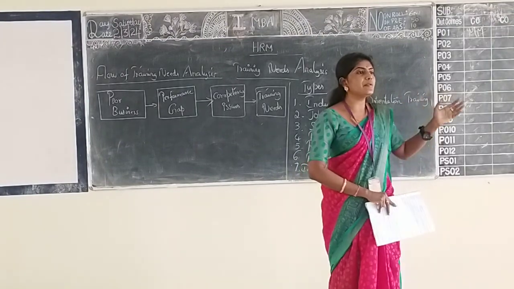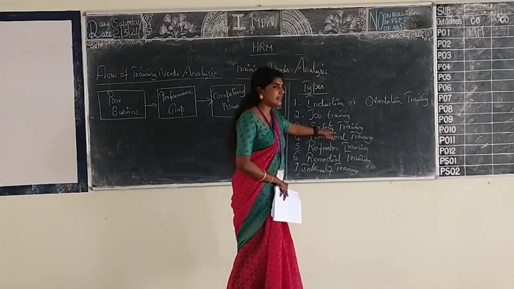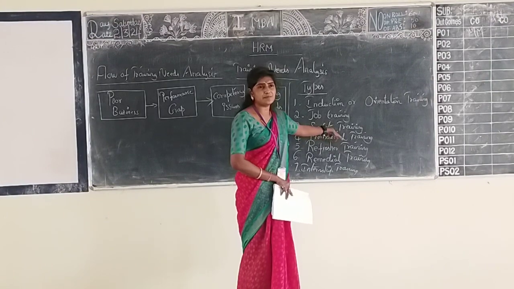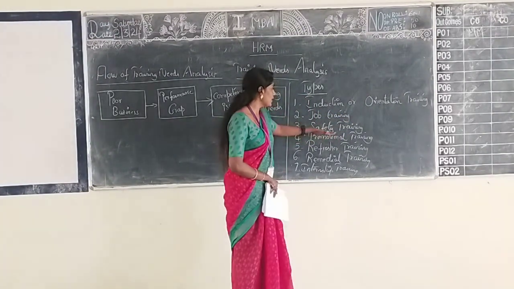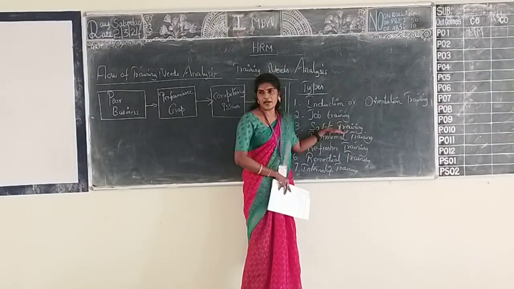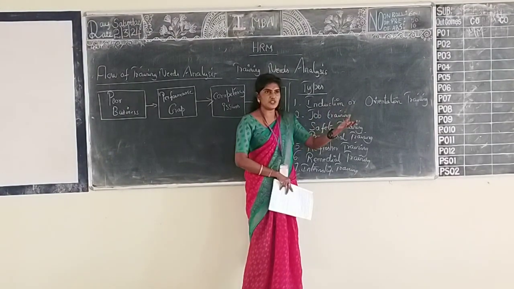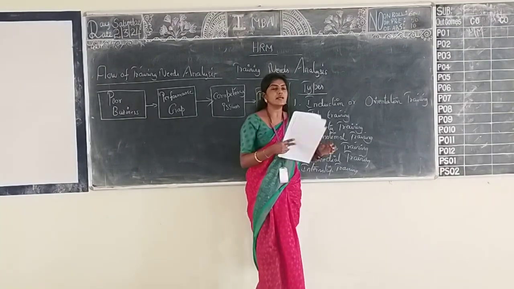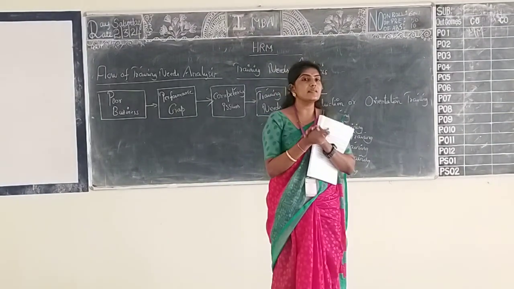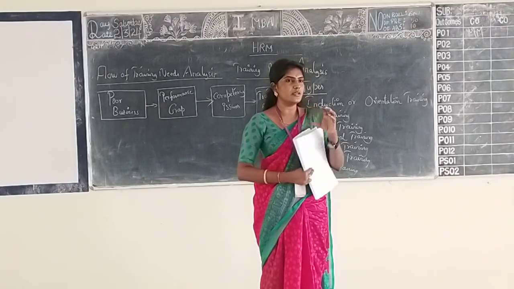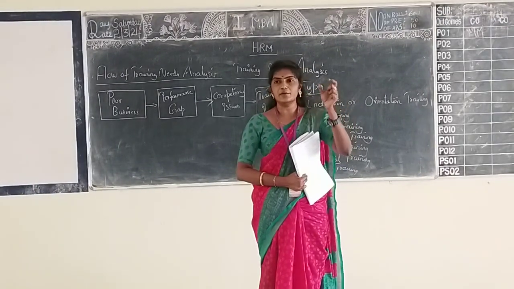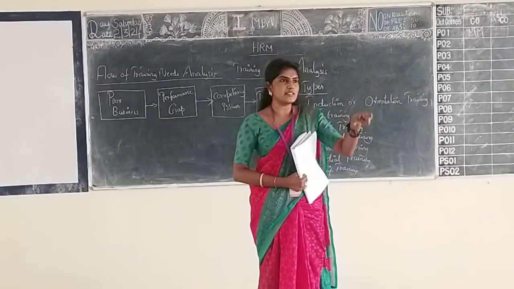For example, for safety training in a manufacturing company, you must train the employees on how to handle the machine, that you must wear gloves and a mask. That is already mentioned in the handbook, the policy book.